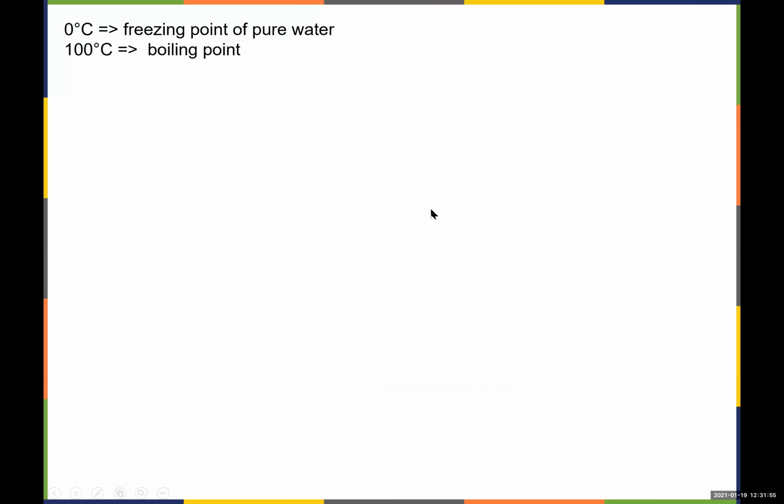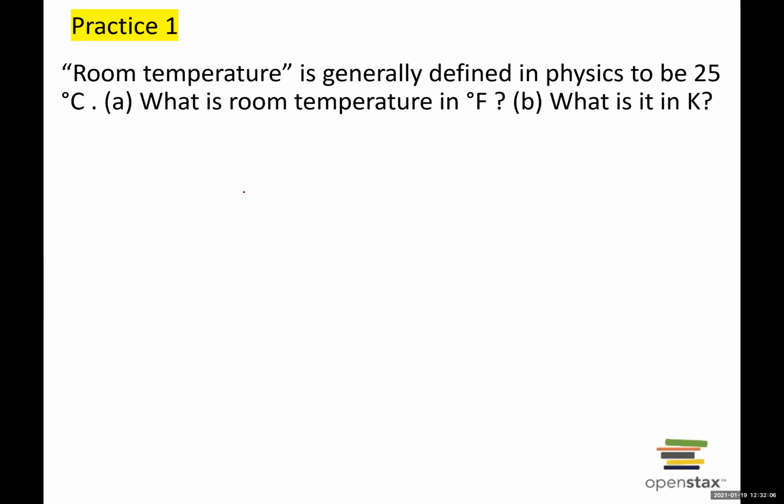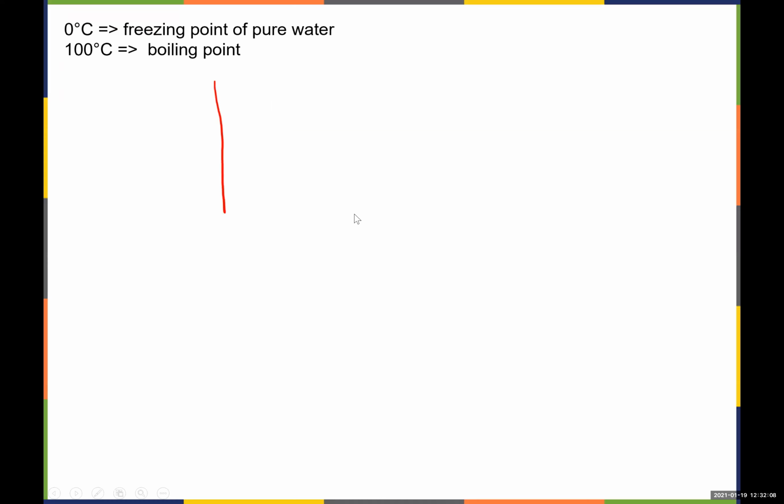So let's find the relation between these. Say I'm drawing the same scale over here. This is my scale. The lower point is 0 degrees, the upper is 100 degrees Celsius.